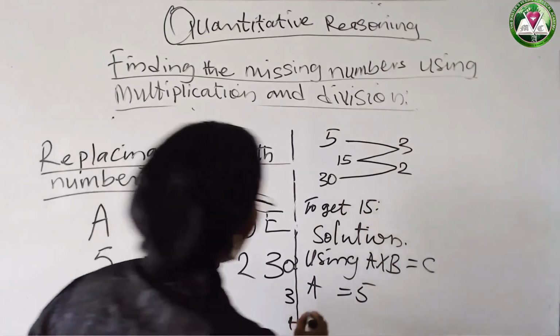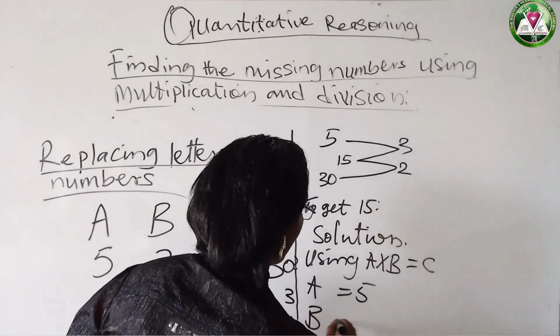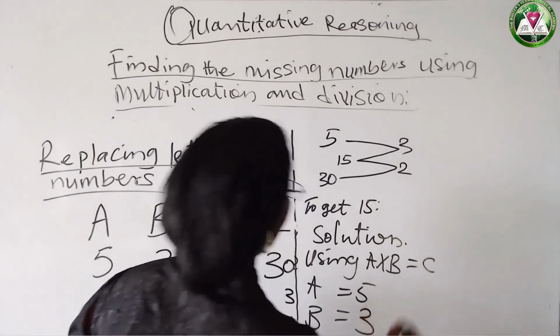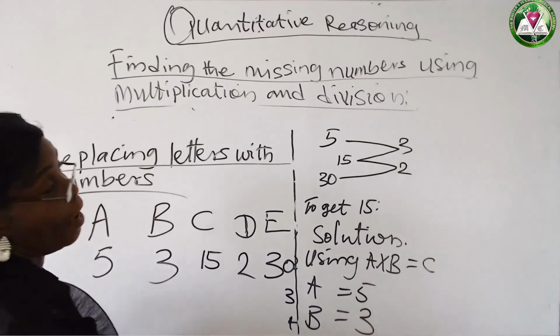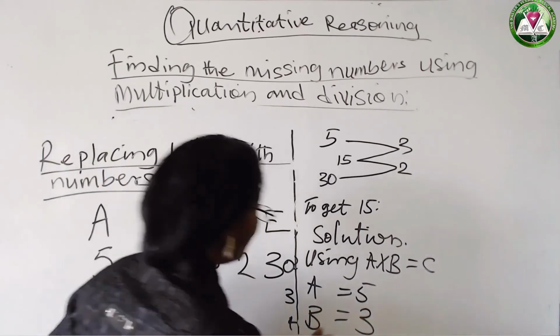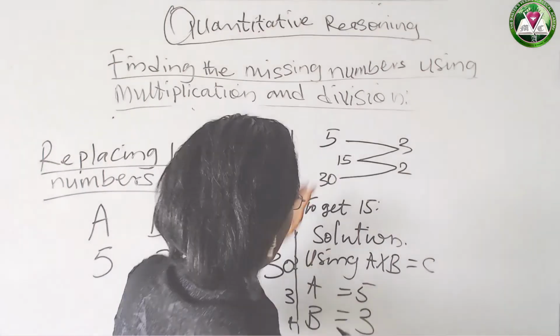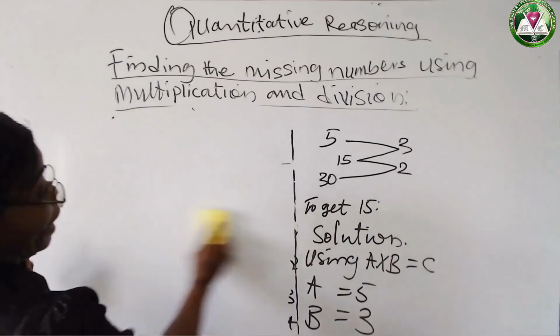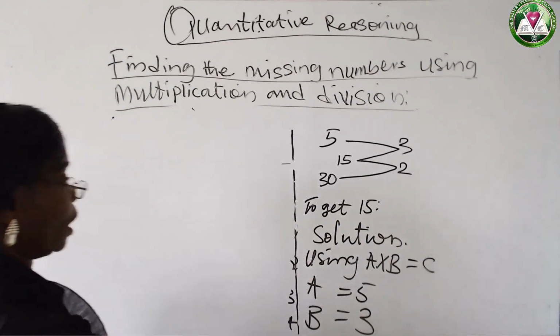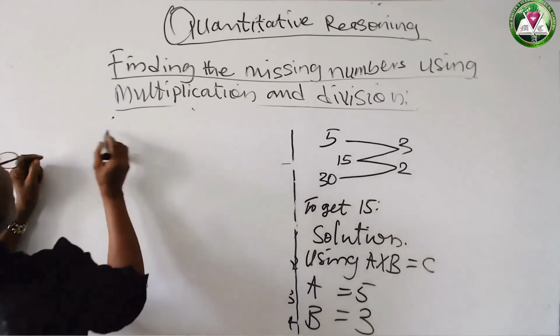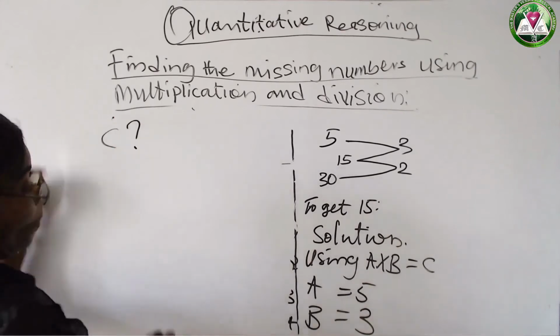B is equal to what? Correct. Then we are looking for what? C. Remember that we are looking for C. So C equals to what?